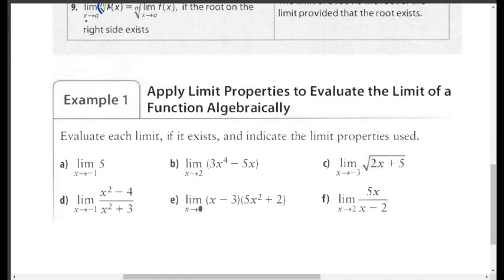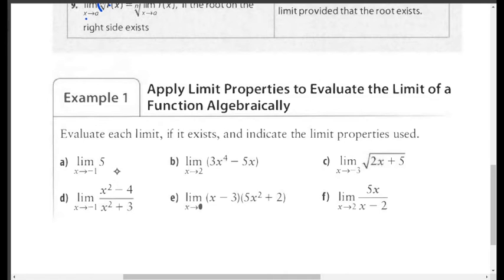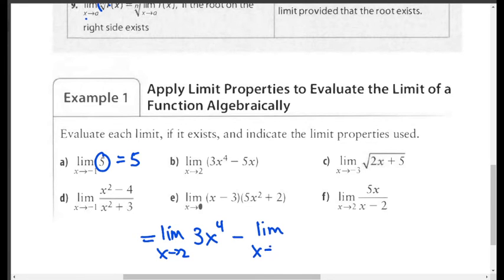Just some examples. The limit as x approaches -1 of a constant 5 is just going to equal 5. The limit as x approaches 2, you might be inclined to just do direct substitution, and that would be okay, but we can also evaluate the limit separately. So I can evaluate the limit as x approaches 2 of 3x to the power 4 minus the limit as x approaches 2 of 5x, and get the same answer.